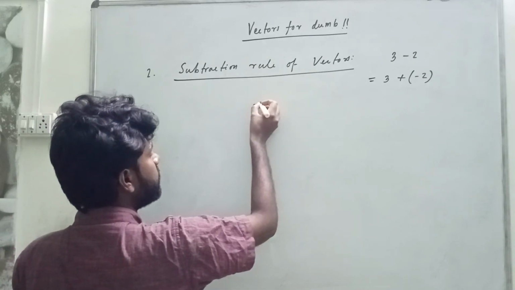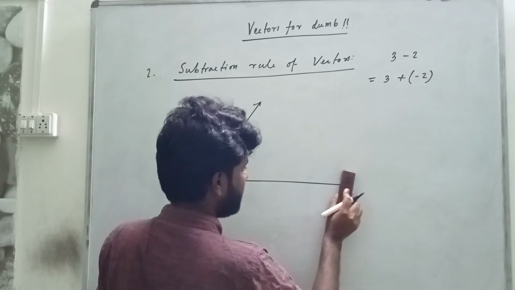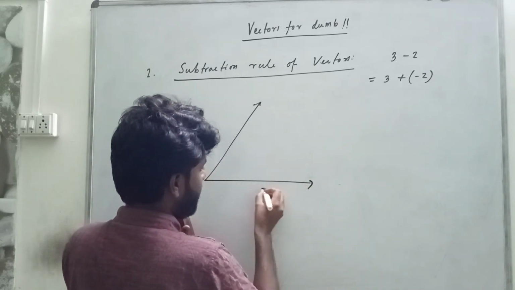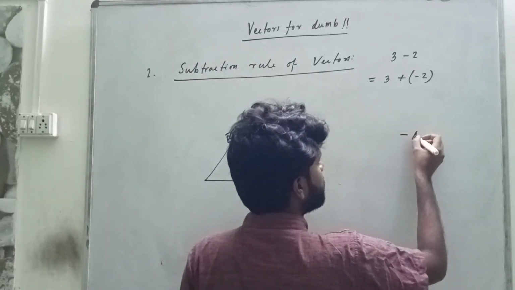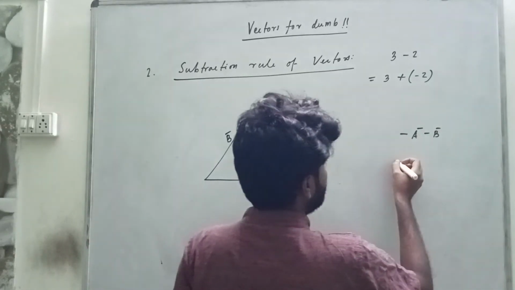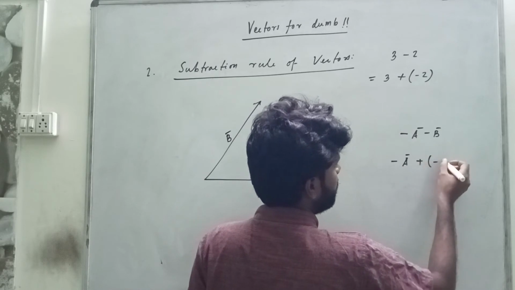So if this is our b and this is our a, just sketch it here. If it is a and b, then what will be minus a minus b, right? Just simple. Minus a minus b means just minus a plus minus b.